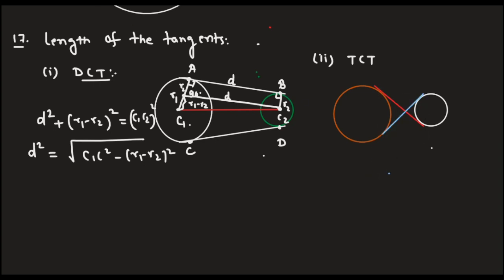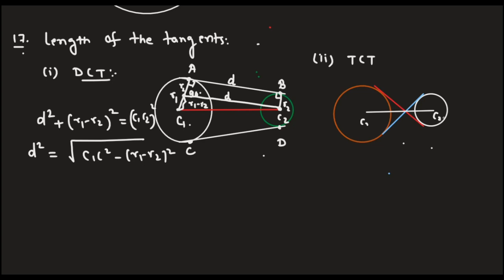Now joining the centers, if we join, it will look like this. Now give the names: here C1, and this one I am naming C2.